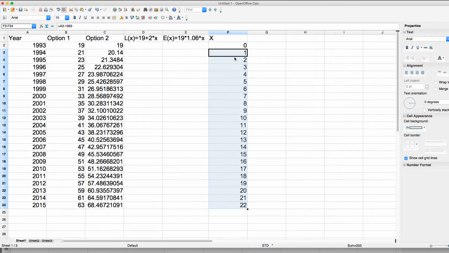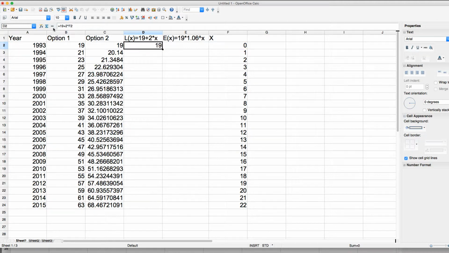So it's equals 19 plus 2 times what's in cell F2, and that should give me 19. This next one should give me 21. Yeah, it does. Cool, 21.